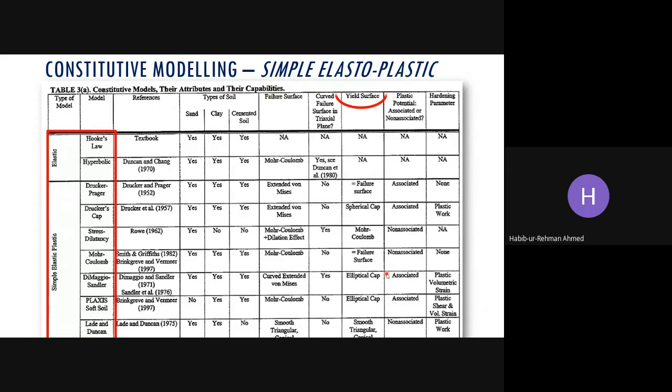Then comes the yield surface, with different types like spherical cap, Mohr-Coulomb, elliptical cap, and smooth, triangular, conical. And for hardening parameters, you can see plastic work, plastic volume, volumetric strain. It's a complete subject actually that we are looking at right now in just a few slides. Okay, so this was the list of simple elastoplastic models.